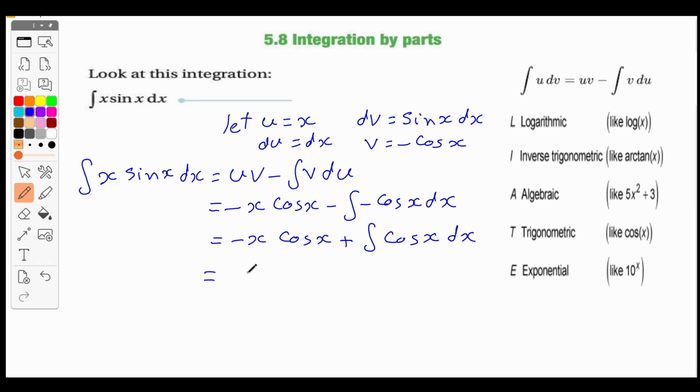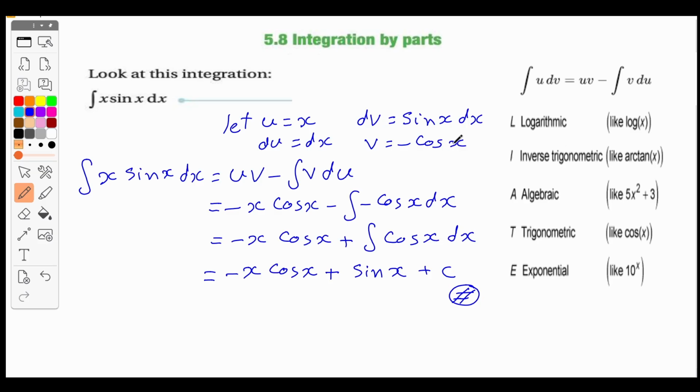The last step is to write the first part as it is. Now what is the integral of cosine x? The integral of cosine x is sine x, then plus c. This is the last step of this question.